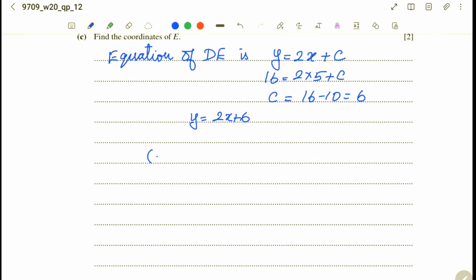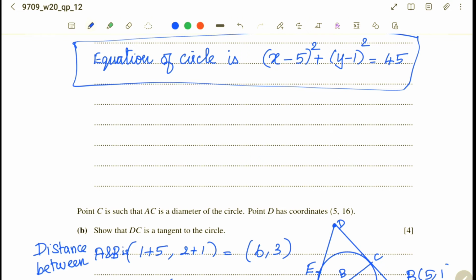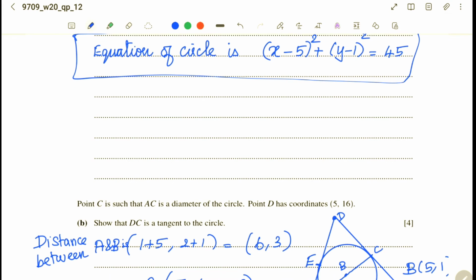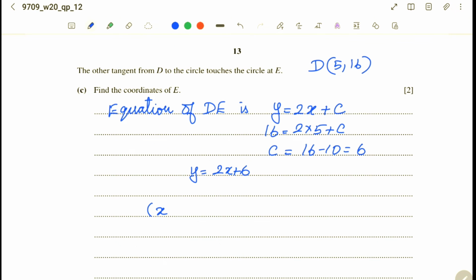Equation of the circle is (x - 5) the whole square plus (y - 1) the whole square equal to 45. For y, let's substitute (2x + 6 - 1) the whole square equal to 45.